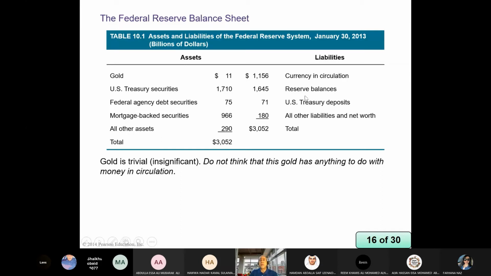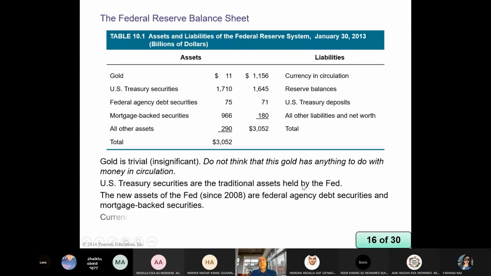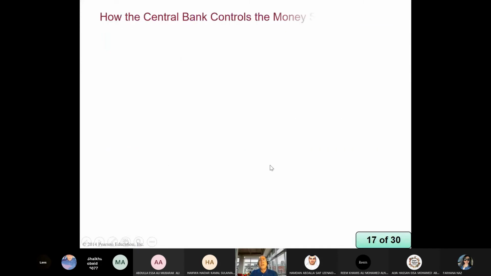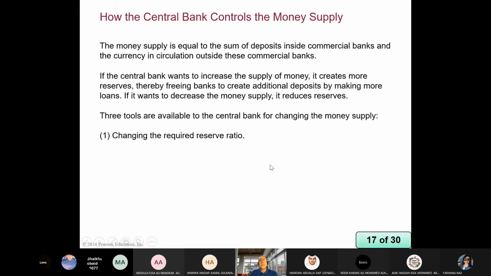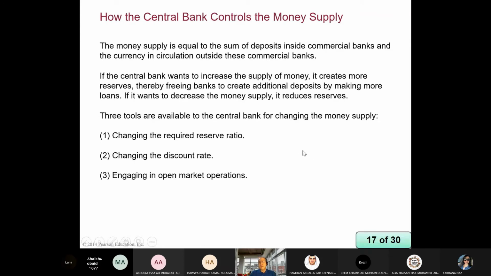So these are the liabilities, and the assets are national bonds held by the central bank. It's not important, the balance sheet of the central bank.